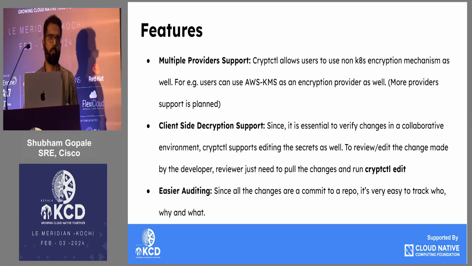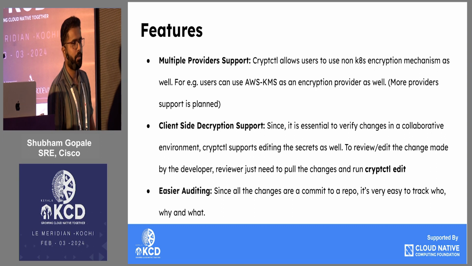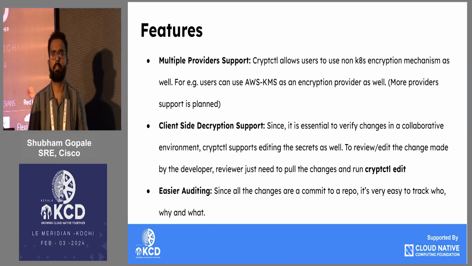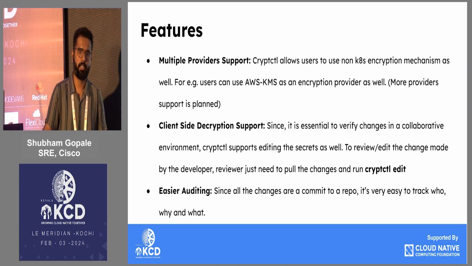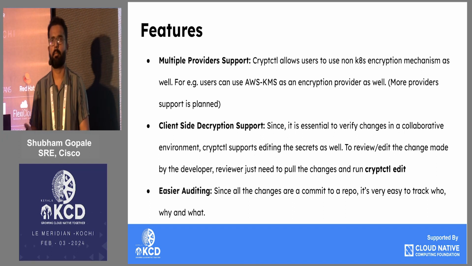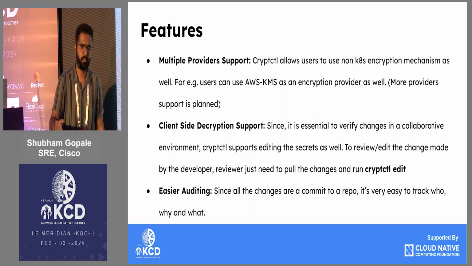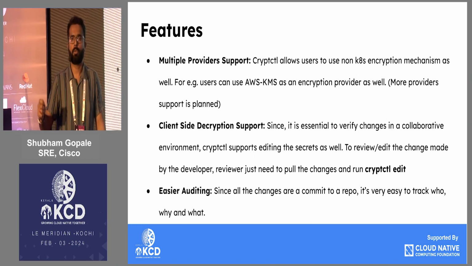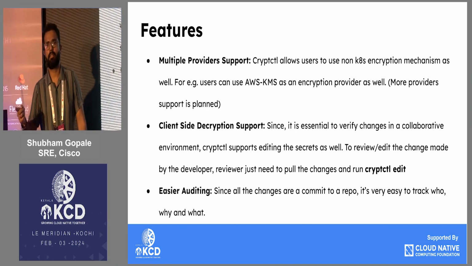Then client-side decryption support. As I said, when you're working with multiple teams, let's say for example I'm an SRE, I work with multiple teams. Now in this case, when there is a request like, hey, my kubectl secret is not being shipped properly, I need to go and check in the cluster, okay, the secret is wrong.